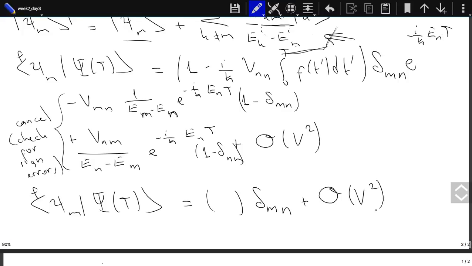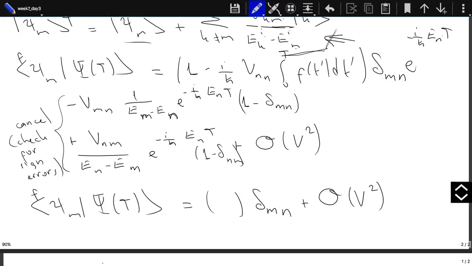Indeed, we had only calculated the first order terms, not the second order terms. Everything is correct up to V squared. In fact, we can even prove that there are not even corrections at the order of V squared. That is what we will prove now.